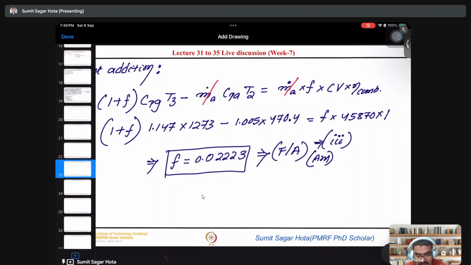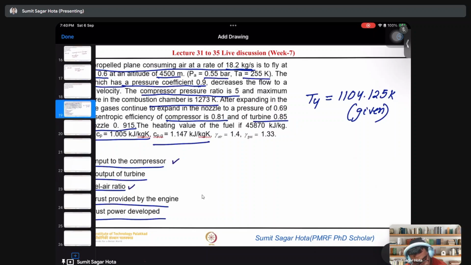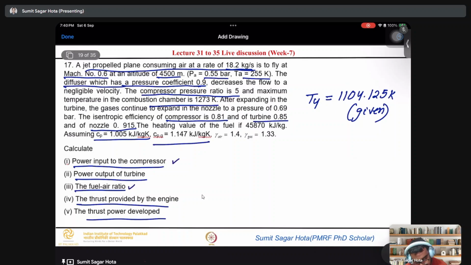So that means from this fuel air ratio we can calculate m dot f, because we already have m dot a. In the question, a jet propelled plane is consuming air at a rate of 18.2 kg per second, so m dot a is 18.2 kg per second.